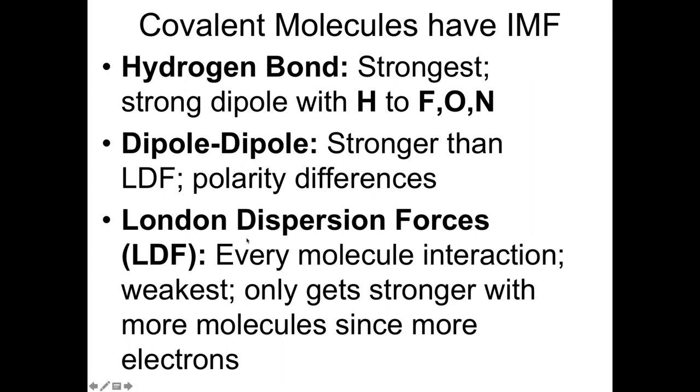Now this slide is packed with a lot of words, but it defines each of the intermolecular forces for you. The hydrogen bond is the strongest, and you have a strong dipole with hydrogen that's attached to an atom of fluorine, oxygen, or nitrogen, which I abbreviate as FON.